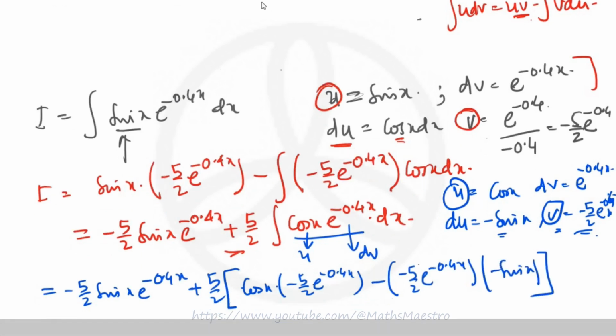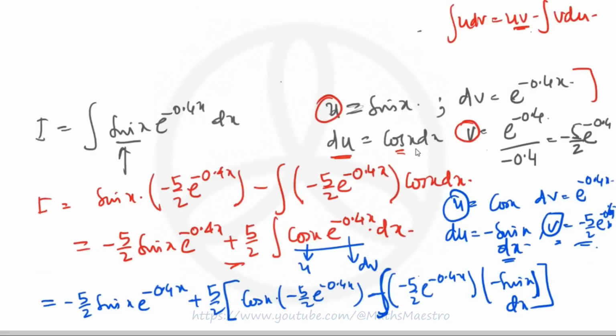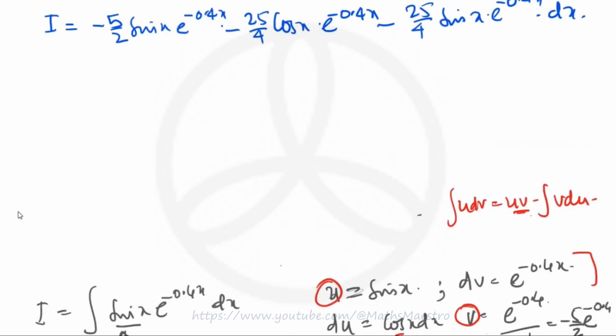So finally we have, this will be actually an integral sign here, and this will be dx. I is equal to minus 5 by 2 sine x e to the power minus 0.4x minus 25 by 4 cos x e to the power minus 0.4x, minus 25 by 4 times the integral. So we have reached the place where our integral, this one, is coming to be this, where this is actually an integration.